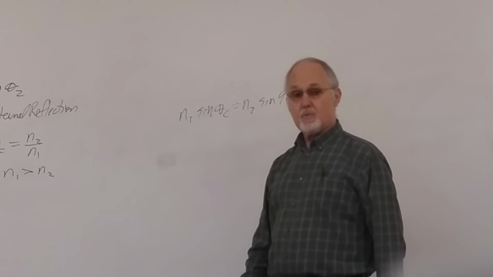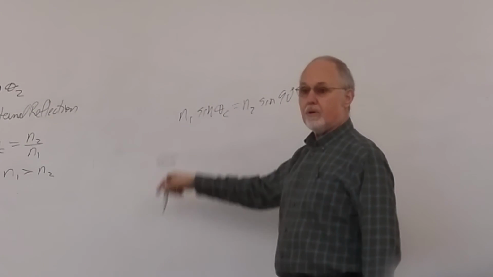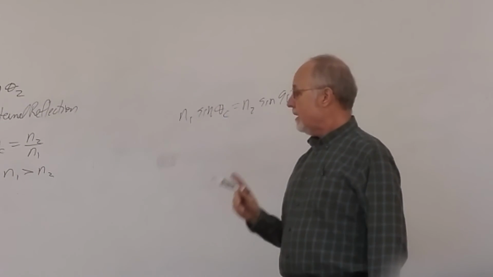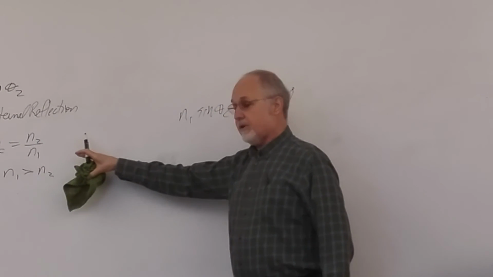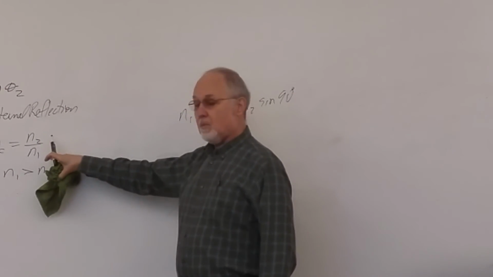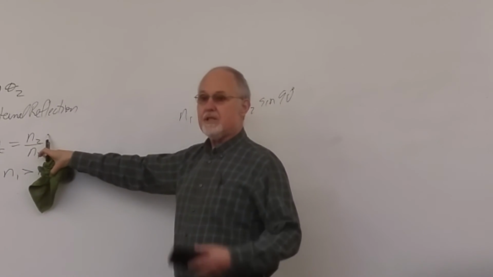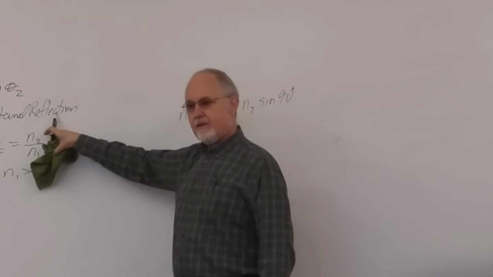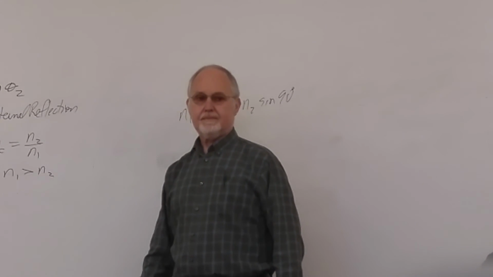But the sine of 90 is 1, and so it just has the sine of the critical angle as N2 over N1. The main thing to remember there is that for this critical angle, the N1 has to be bigger than the N2. So the index of the material you're in has to be bigger than the index of the material that your light's trying to go out into.